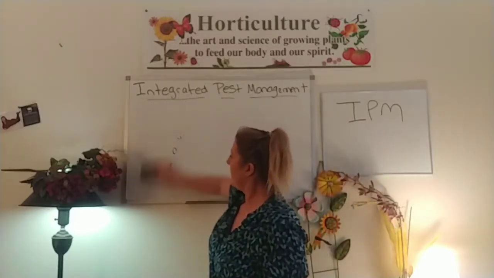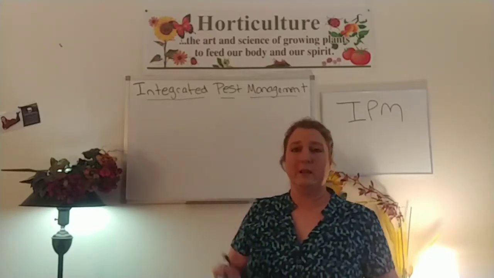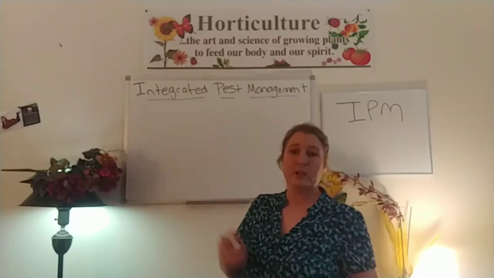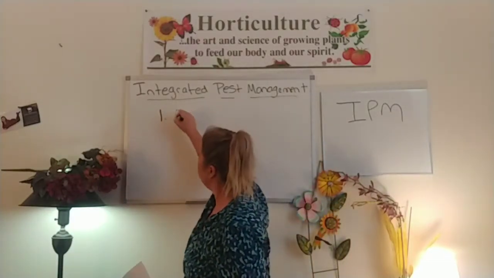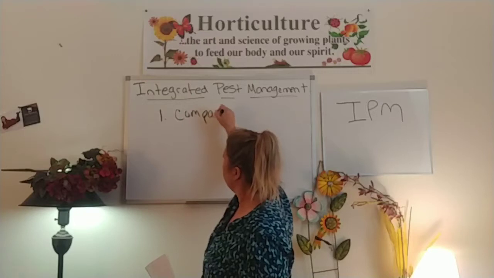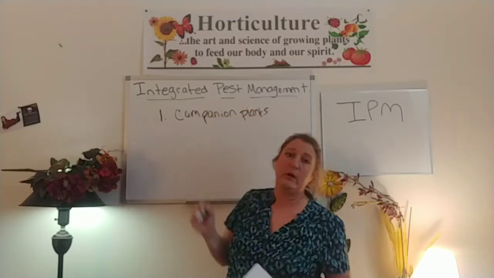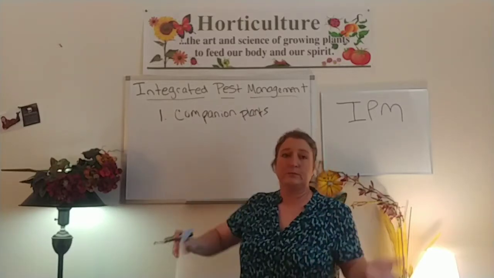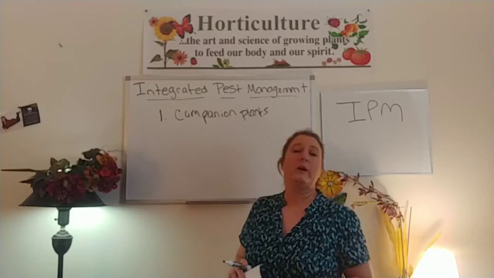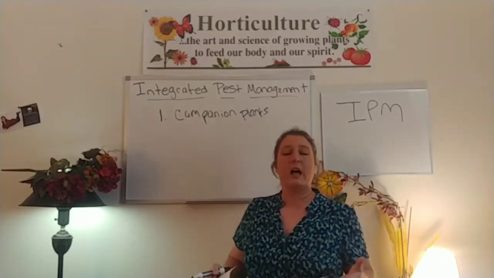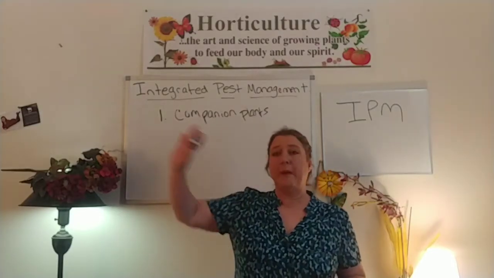And let's talk about 6 ways that we practice IPM, 6 practices of integrated pest management. So one is going to be companion plants. Now, when you go out to a club, a bar, a hangout, whatever, and you're just wanting to chill out and have a nice, good evening, who keeps the bad people away?